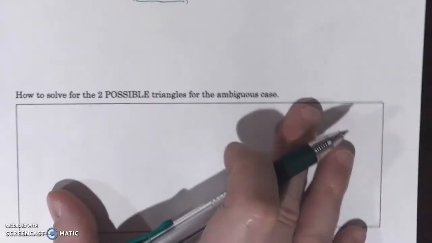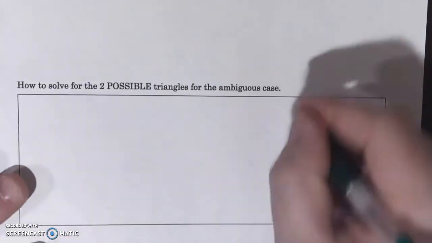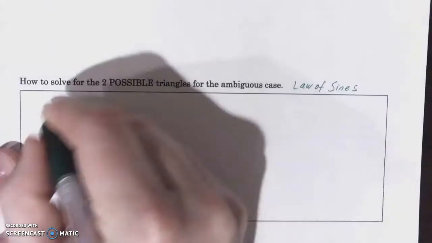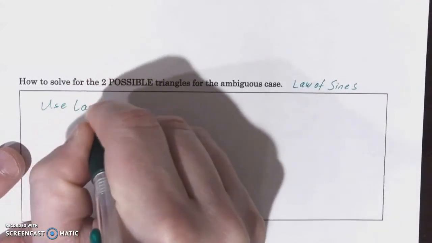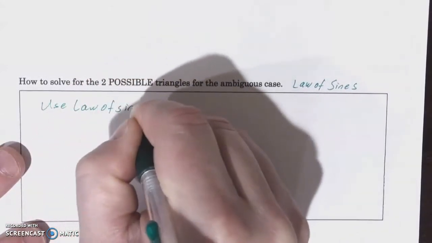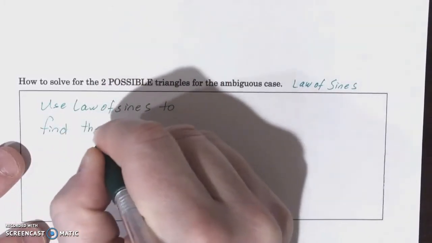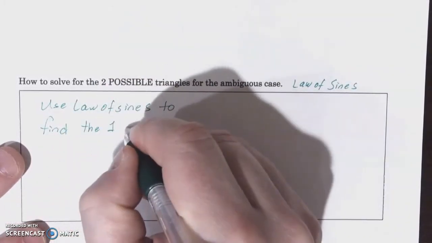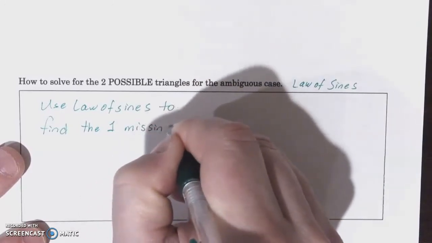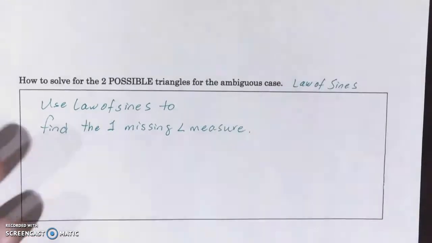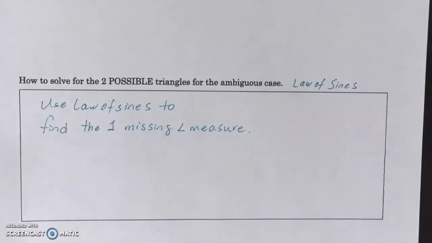All right, how do we deal with this? We're going to use law of sines to find the one missing angle measure, the one we can.